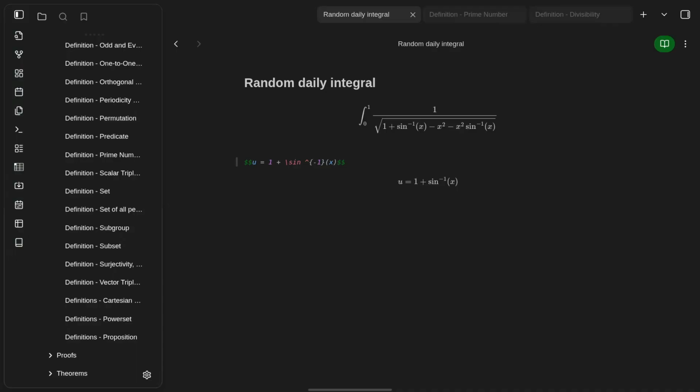I know I could be saying inverse of sine, but that's long. Okay, so what I came up with, what's the best way to write this?